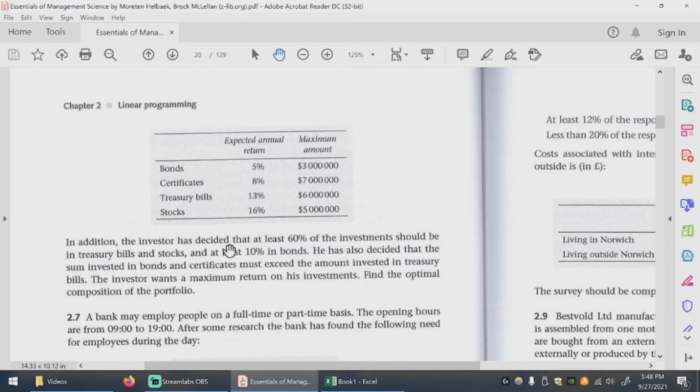The investor has decided that at least 60% of the total amount should be in treasury bills and stocks. So we can rephrase this: the amount invested in treasury bills and stocks should be at least 60% of the investments.